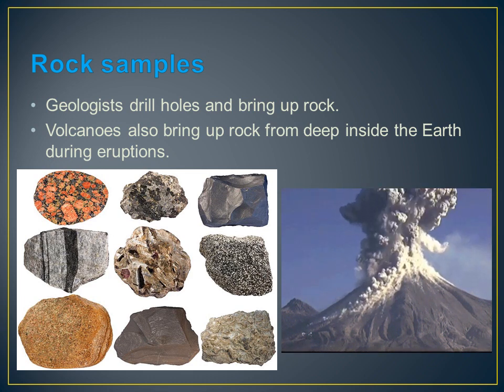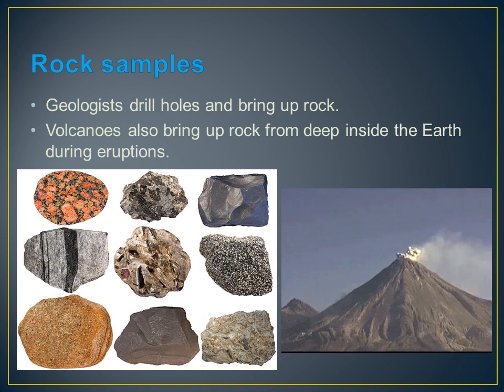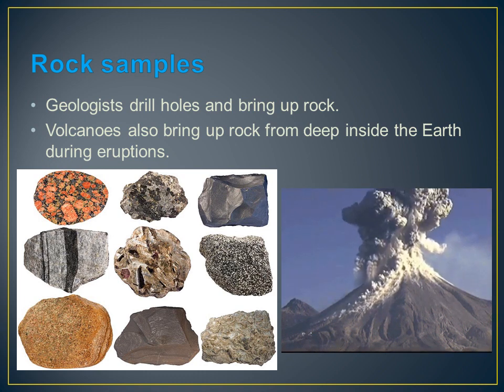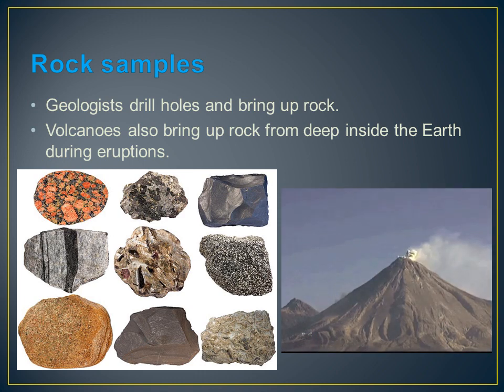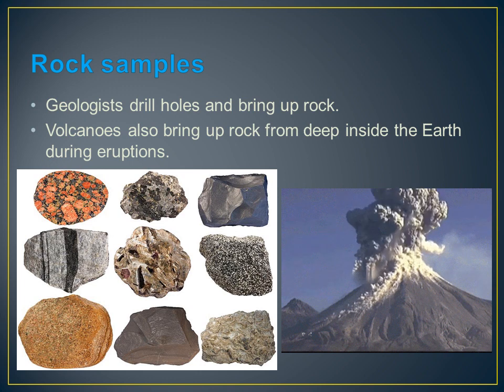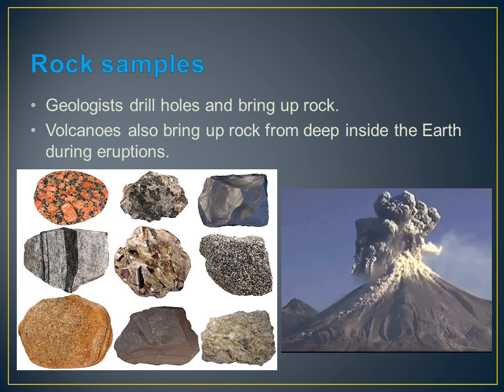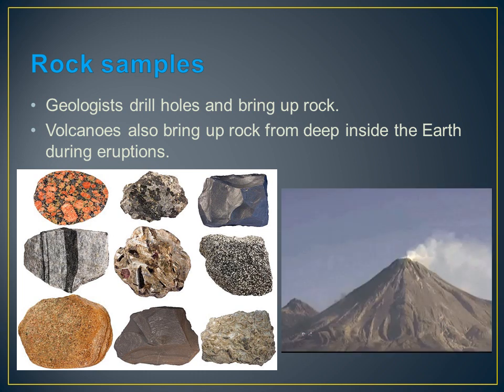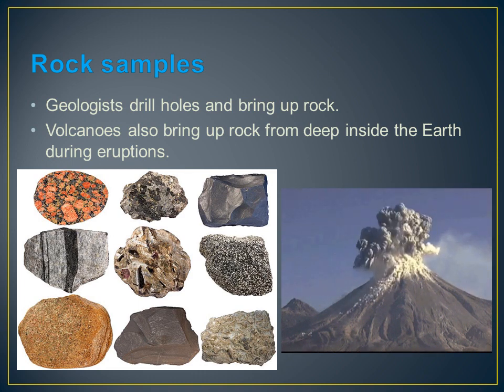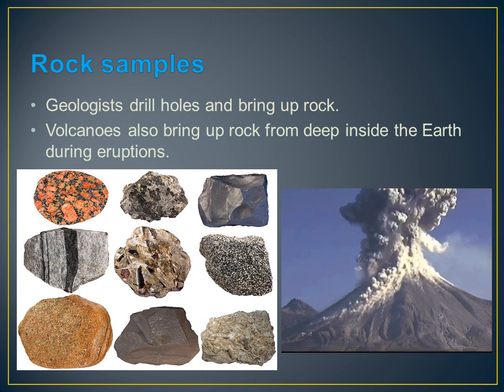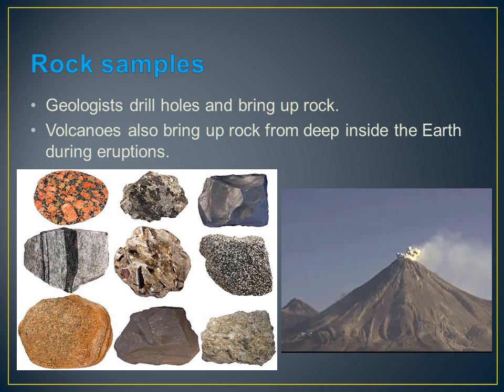It should be noted that when volcanoes erupt, like you see on the right there, they bring up rock from deep inside of the earth. So they might actually bring up more rock than scientists can drill a hole for. Both of these techniques of looking at rock samples help us understand what the earth is made up of.